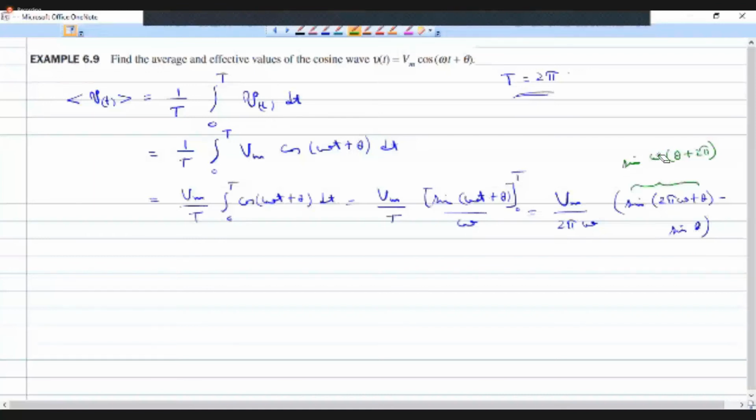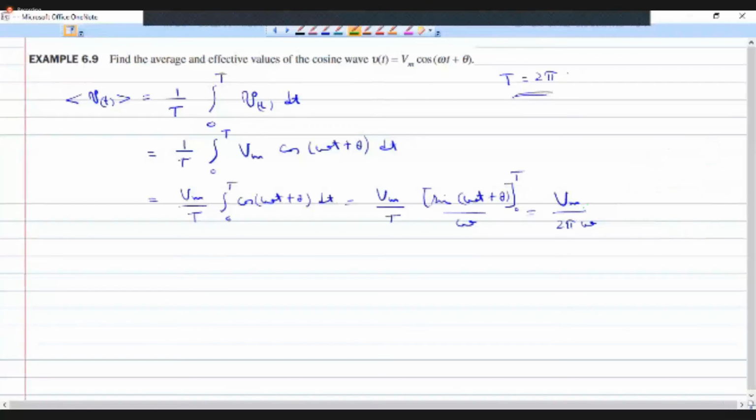Let me write this in terms of T itself. Don't get confused here. So this will be sine of, I'm just taking that omega T here. So sine of omega capital T plus theta minus sine of theta. Up to here, is it clear?